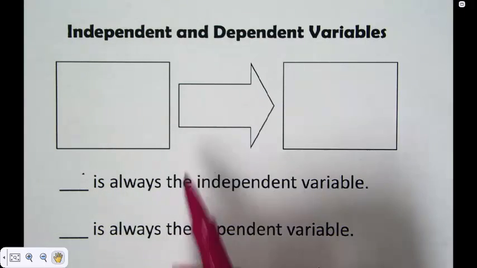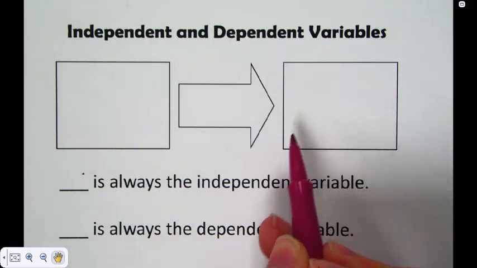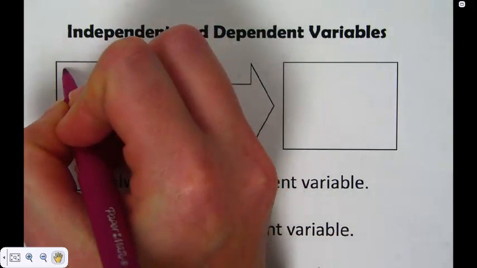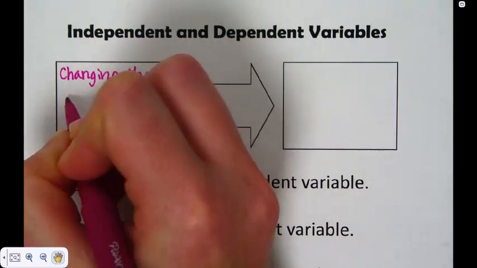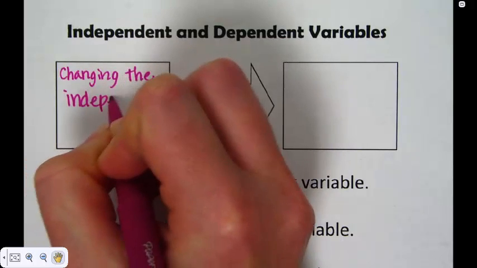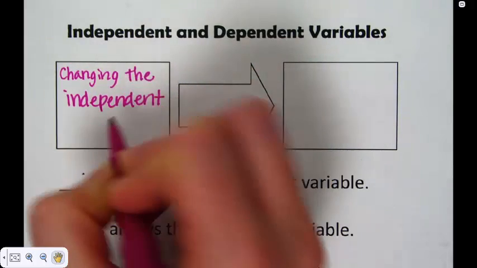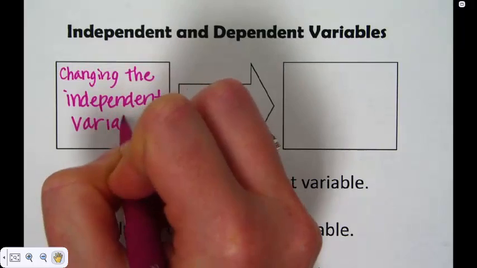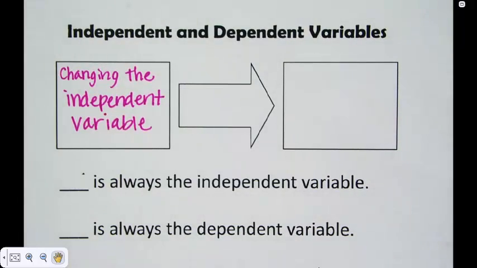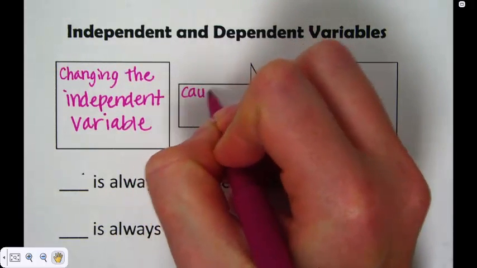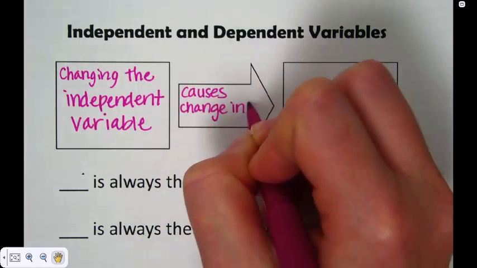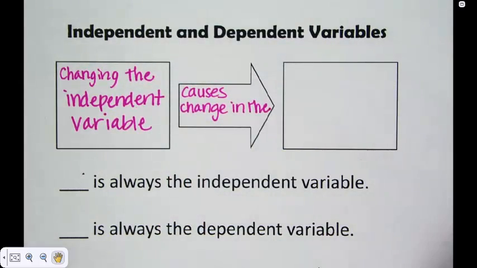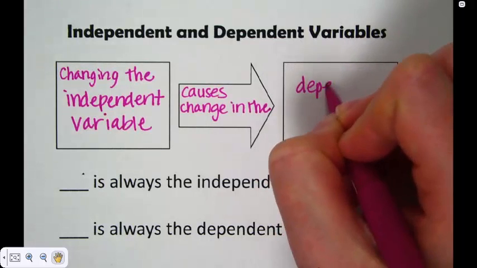The first thing we're going to fill out is this graphic organizer here. In our first box, we want to put changing the independent variable, and in our arrow we want to say causes change in the, and in our right box we're going to put dependent variable.